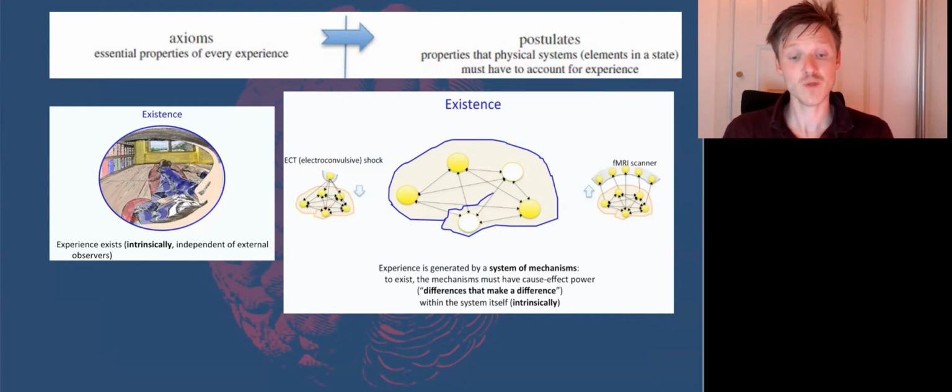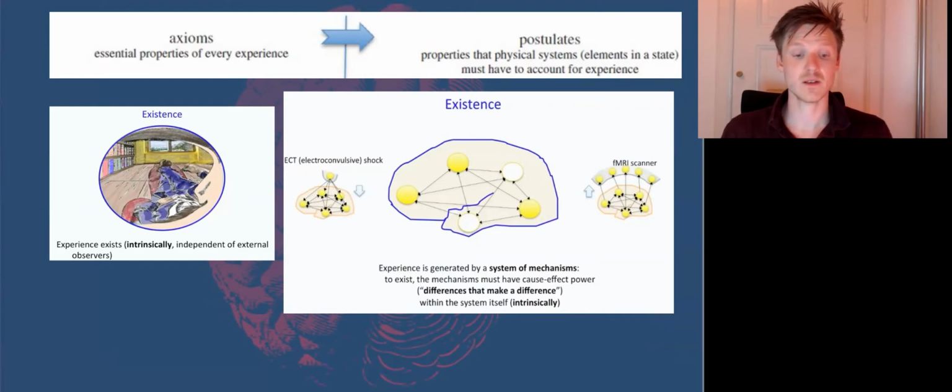If your experience is real, then it must interact with other things that are real. If consciousness exists, then it should be affected by things and it should have its own effects. So something from outside the system and from inside the system should have effects on the system.